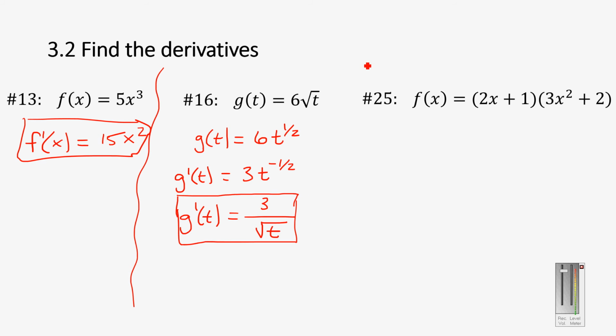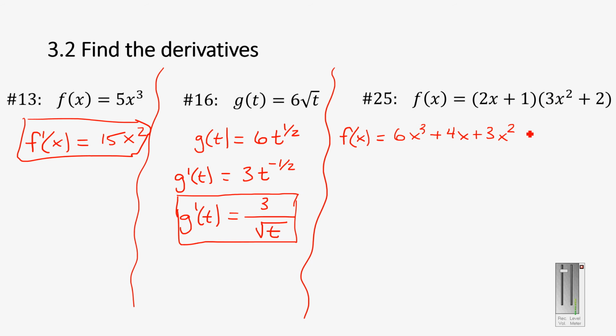All right, and then finally on 25, we've got f of x equals all this mess. What I would do first is manipulate the function a little bit. What's 2x times 3x squared? Well, it's 6x cubed. Then what's 2x times 2? That's plus 4x. And what's 1 times 3x squared? That's plus 3x squared.